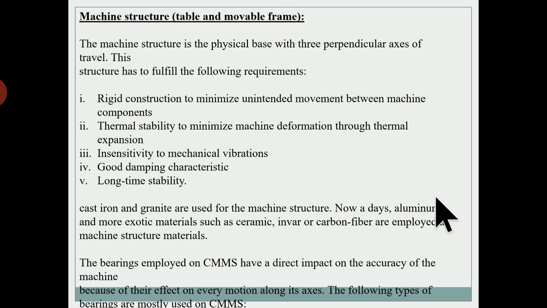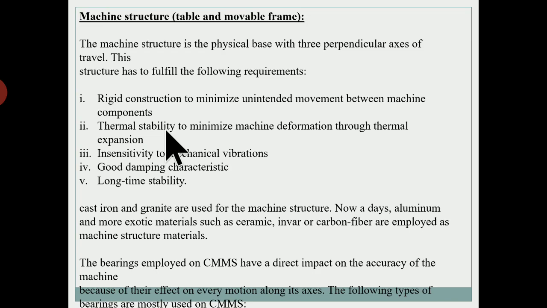First, the machine structure. A machine structure is the physical base with the three perpendicular axes of travel. This structure has to fulfill the following requirements. It is a rigid construction to minimize unintended movement between machine components.